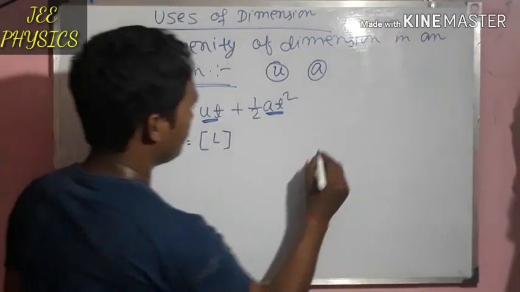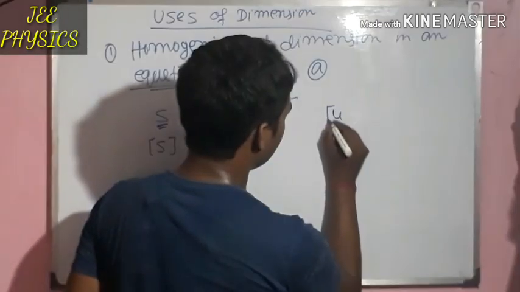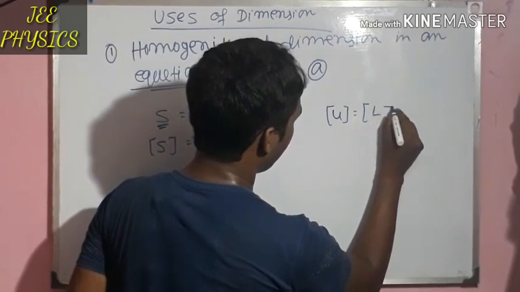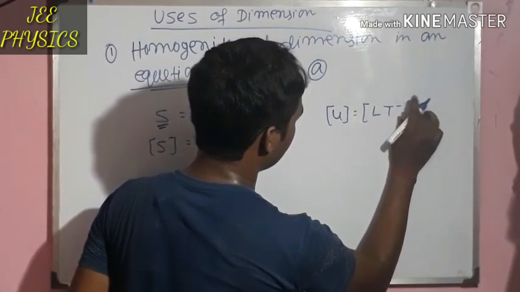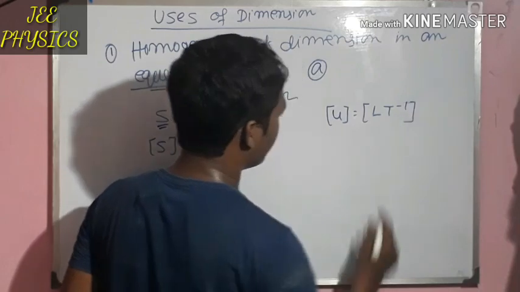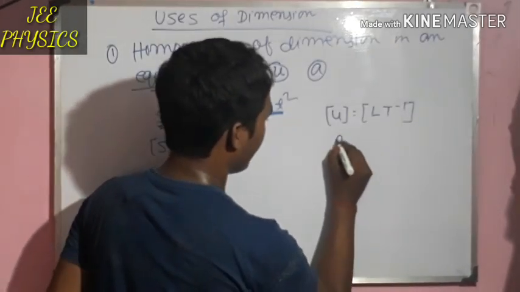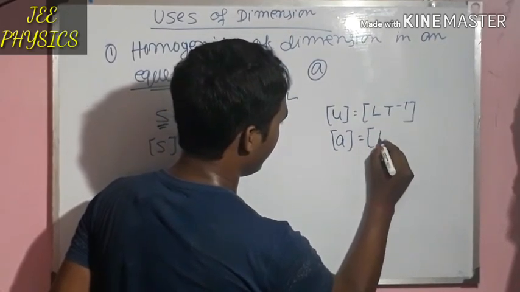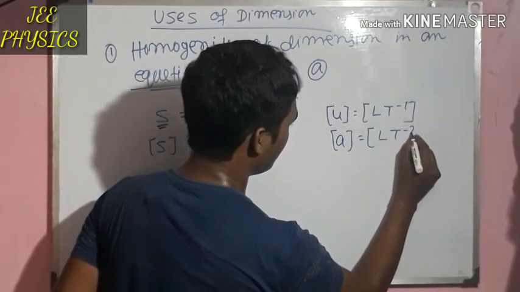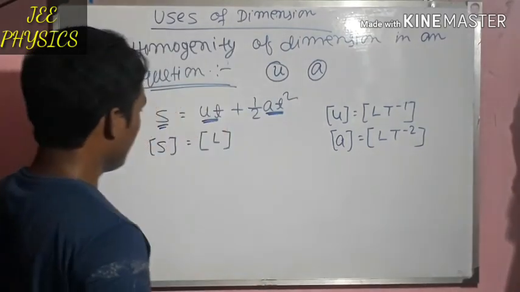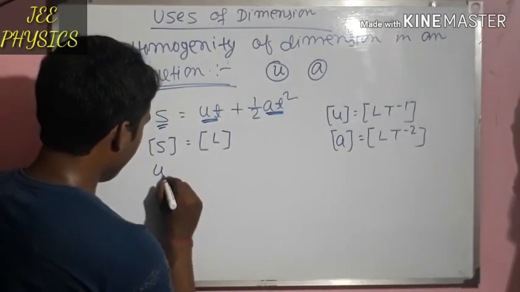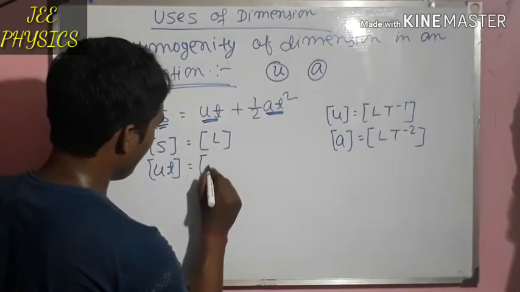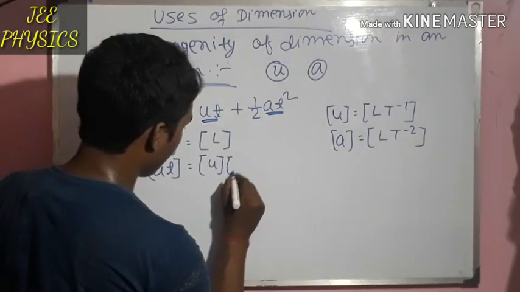Now the dimension of u is L t minus 1, as it is velocity. And the dimension of acceleration is L t minus 2. So the dimension of ut becomes the dimension of u into the dimension of t.